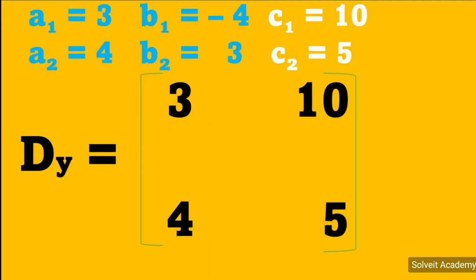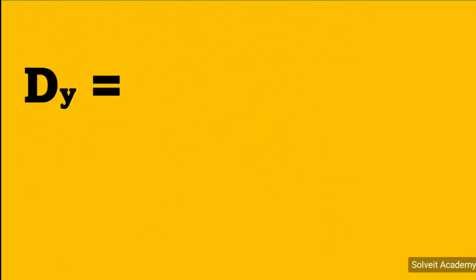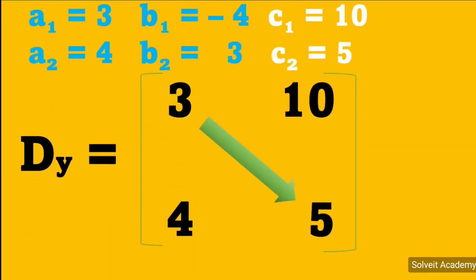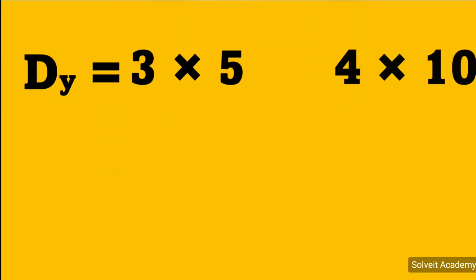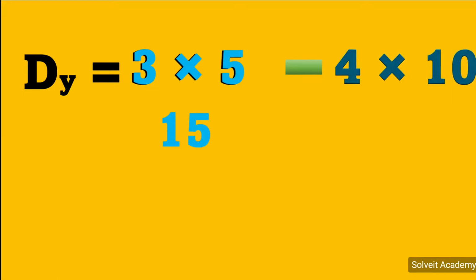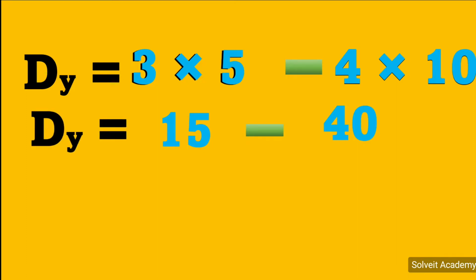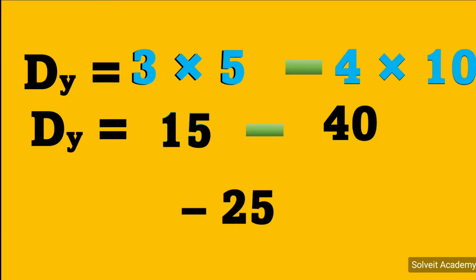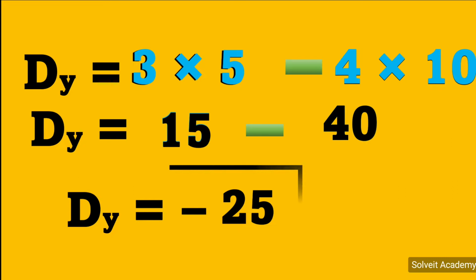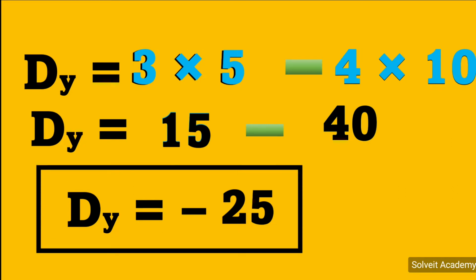So we get, now multiply 3 with 5 and then multiply 4 with 10 and put the negative sign in between these two products. 3 into 5 will be 15 and 4 into 10 will be 40. The negative sign will be as it is. Now 15 minus 40 will be minus 25. So we have dy as minus 25.